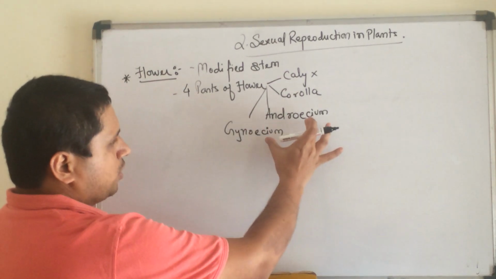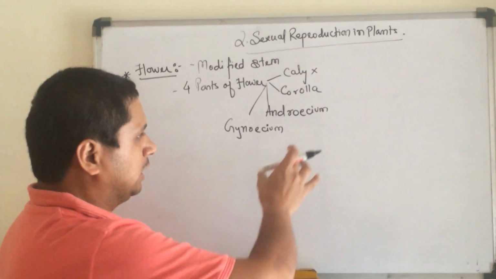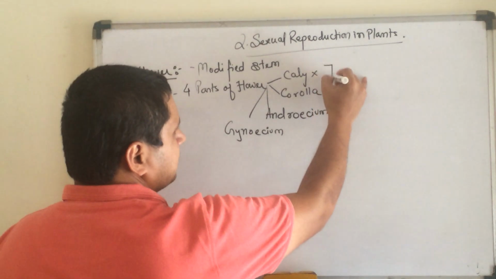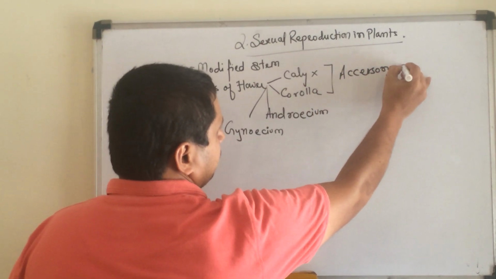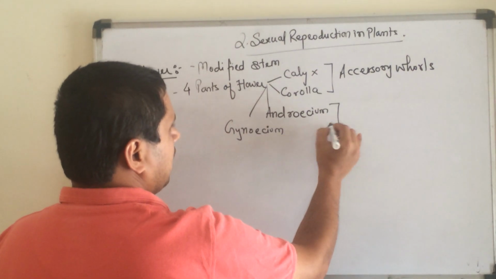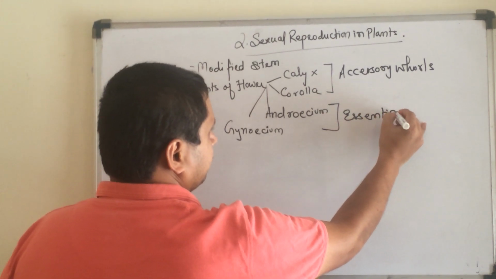Today we shall talk about the reproductive parts of the plant in this module, children. The calyx and the corolla are known as the accessory whorls, whereas the androecium and the gynoecium are known as the essential whorls.